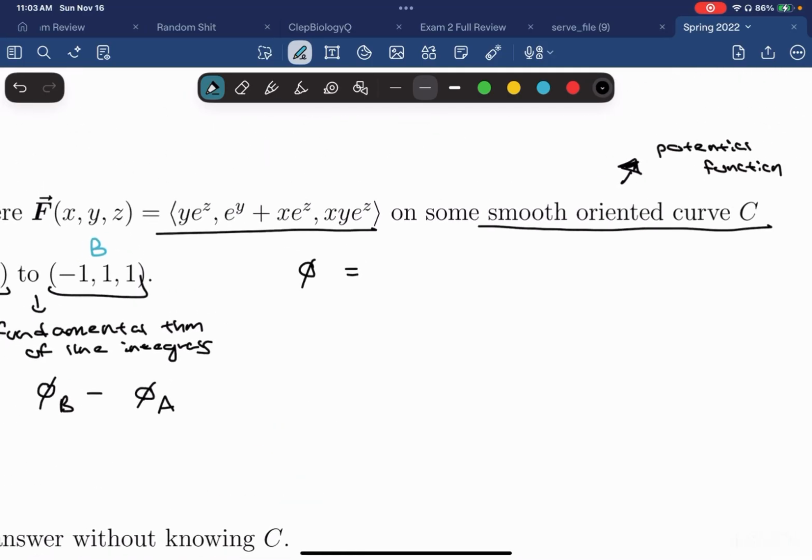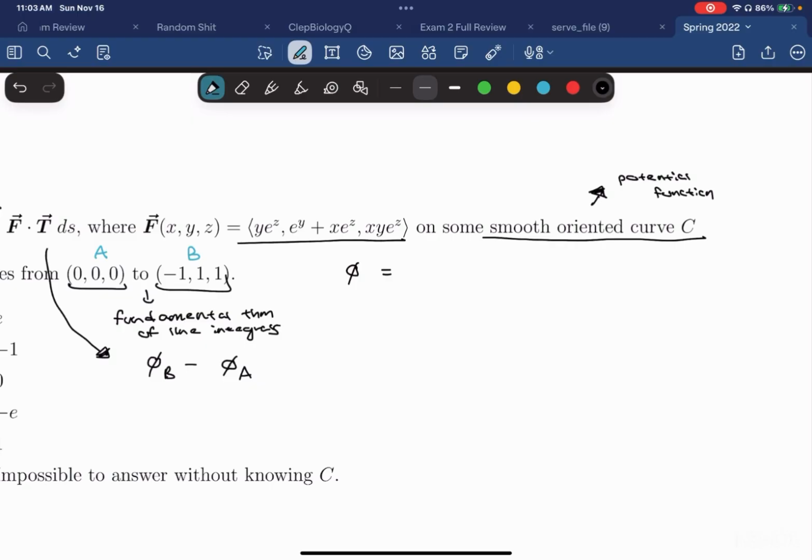The steps for the potential function: I want you to imagine this vector as component f, this is component g, this is component h. So you first integrate component f with respect to x, which gets us x y e^z plus some sort of constant.